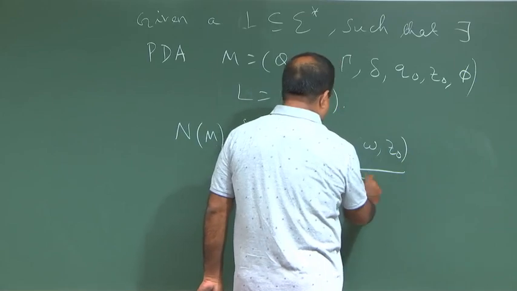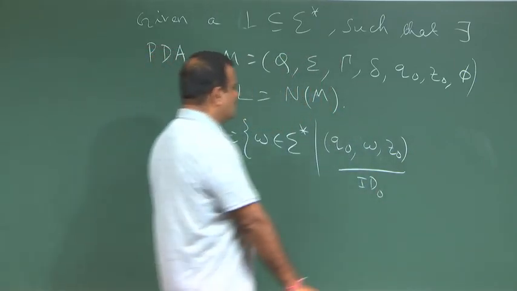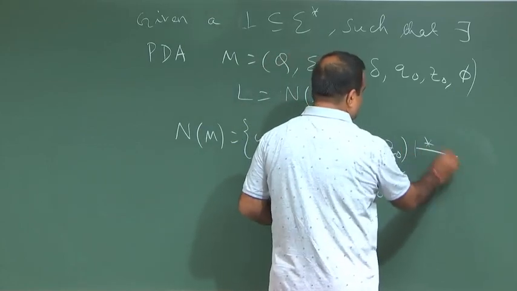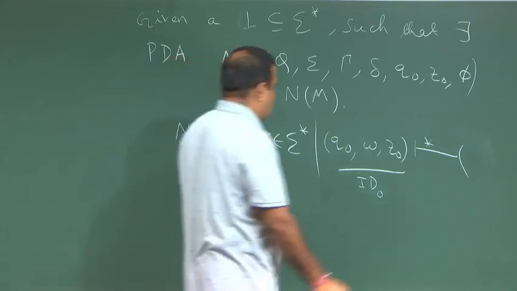So, this is the initial ID. From this ID, if we can go to the empty stack, there is no concept of final state over here.